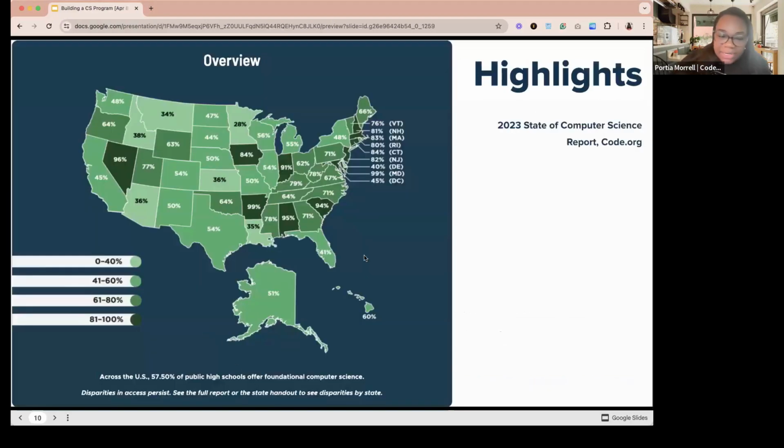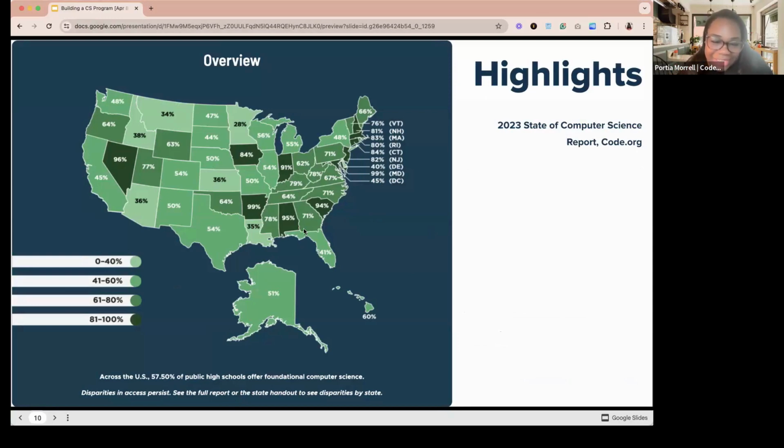So like I mentioned before, you should check out this report. If you just Googled 2023 State of Computer Science report, you should see this. And this is a picture from that actual report because it gives you a breakdown of the high school percentages that offer foundational computer science.